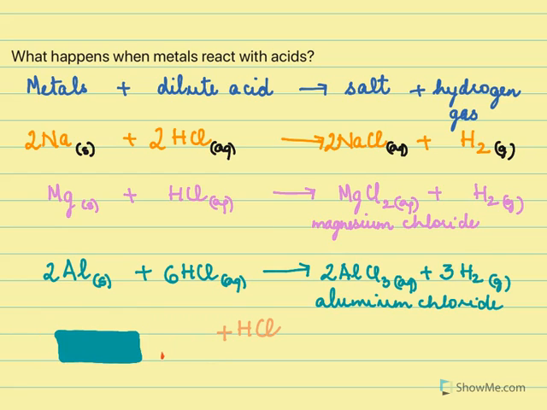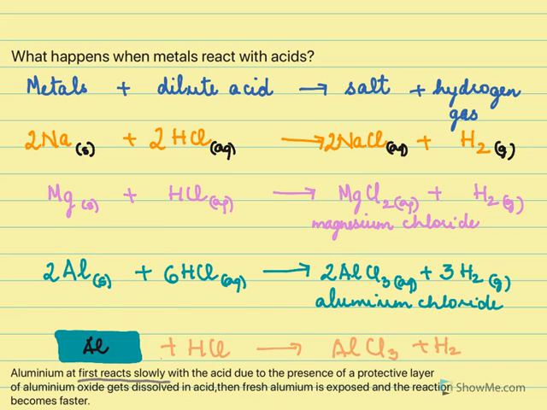Once the entire coating of aluminium oxide is removed, then it reacts very quickly with HCl to give aluminium chloride plus hydrogen. So remember, aluminium first reacts very slowly and then the reaction increases its speed.